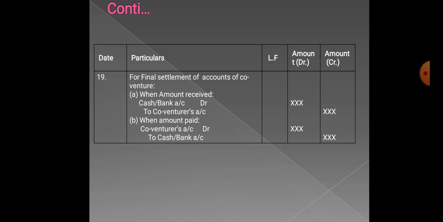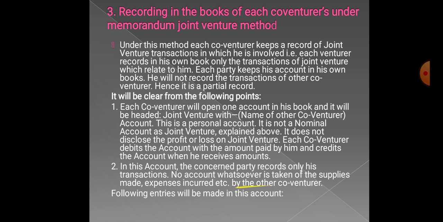And when the amount has to be paid to the other co-venturer, then co-venturer's capital account debtor to cash or bank account. So this is how we have to write the entries in the second method.